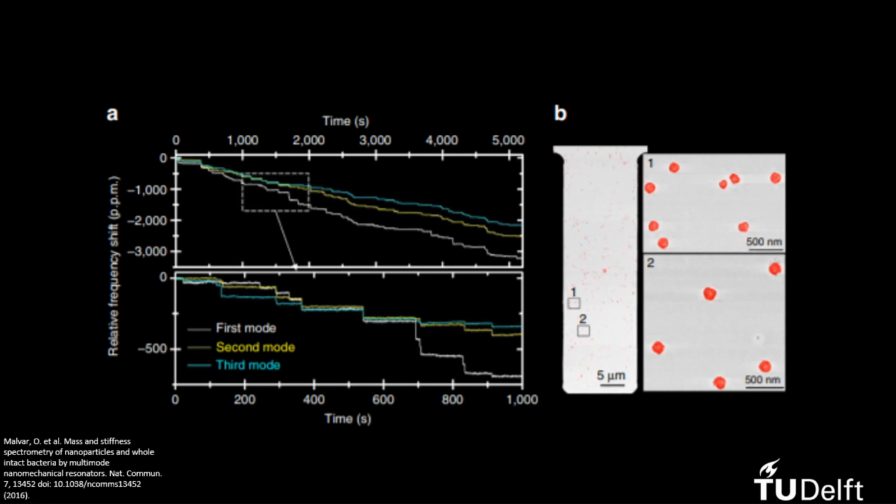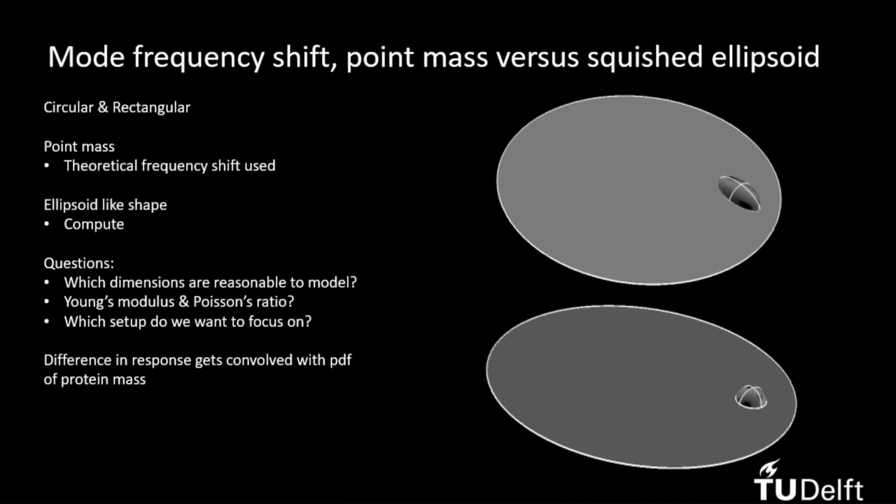I'm interested in how this can actually influence the results, and therefore I'm learning computational multiphysics and trying to apply this model to a lifelike setup of a nanomass sensor that we could use for proteomics.